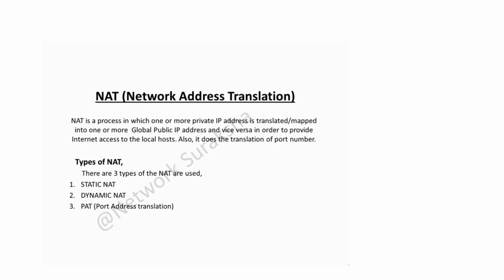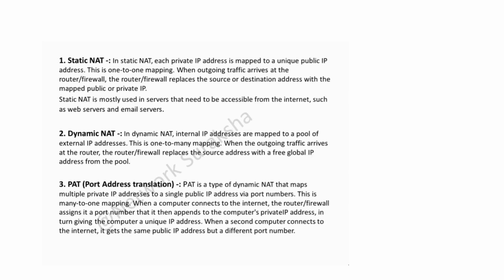और सो ये mainly 3 टाइप्स होते हैं इसके: स्टैटिक नेट, डायनामिक नेट एंड पैट। जैसा इसका नाम है हम जानेंगे स्टैटिक नेट। व्हाट इज स्टैटिक नेट? इन द स्टैटिक नेट इज प्राइवेट आईपी और पब्लिक आईपी मैप विद द यूनिक पब्लिक आईपी और प्राइवेट आईपी। सो वी कैन सी it happens only one-to-one mapping.